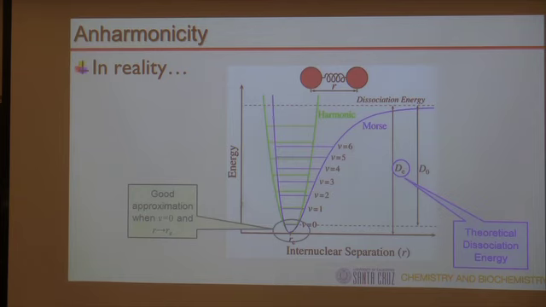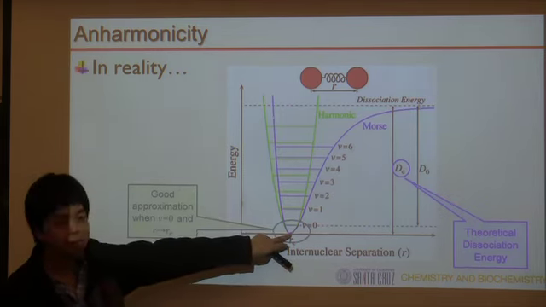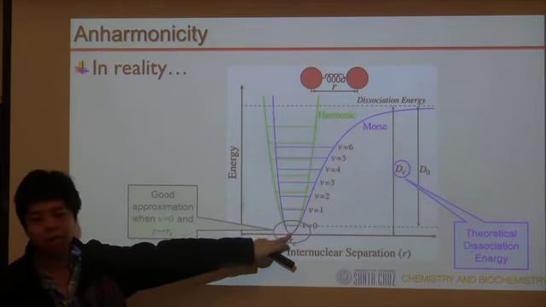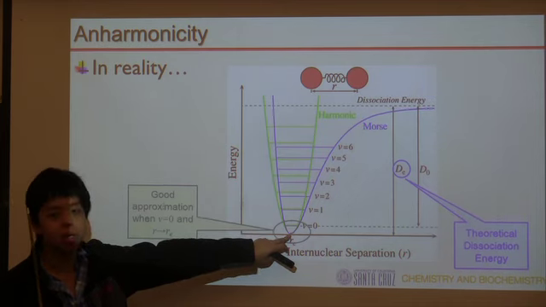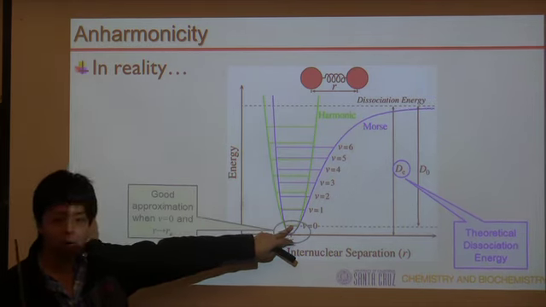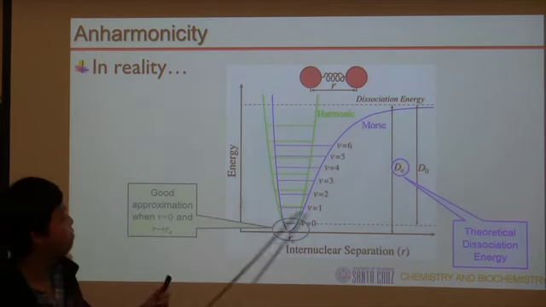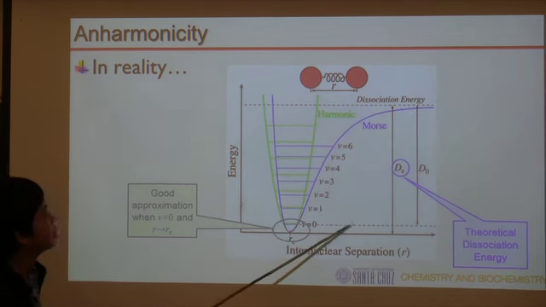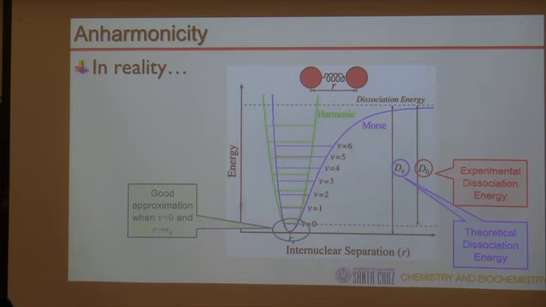But this one is called theoretical because it chooses this as the starting point. What we talked about before is that the lowest energy for a diatomic molecule is the zero point energy, which is there, so there's some gap here. That's why people define another term, from the dissociation level to the first energy level here, as the experimental dissociation energy.